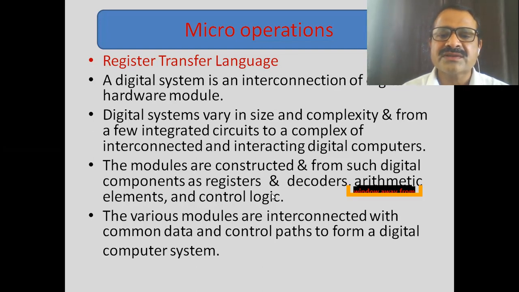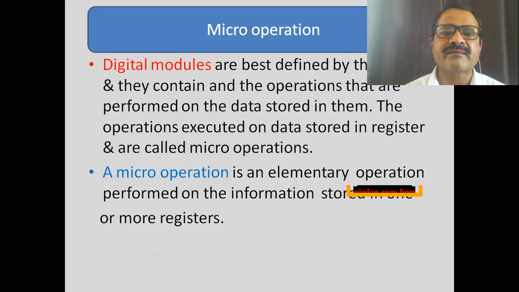These modules are constructed from digital components such as registers, decoders, arithmetic elements, and the control logic. There are various modules which are interlinked and interconnected with common data, and there is a control path which is used to form a digital computer system.